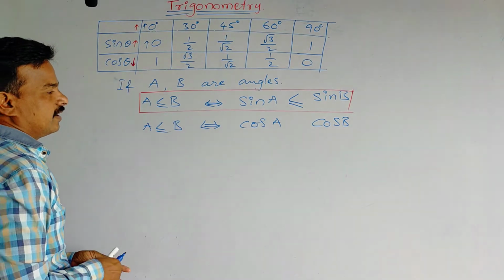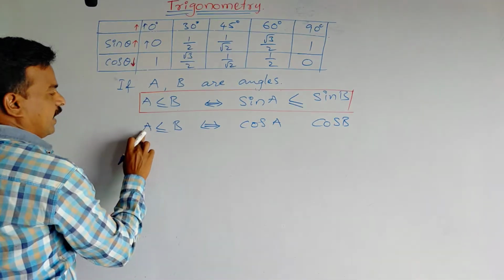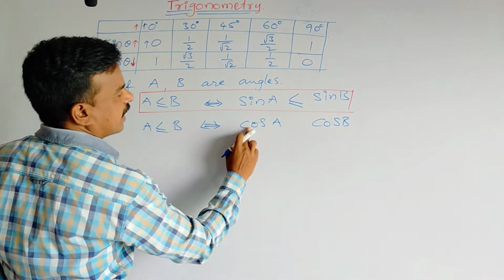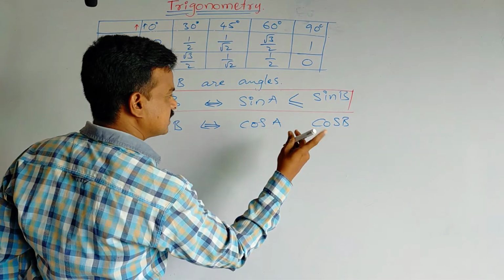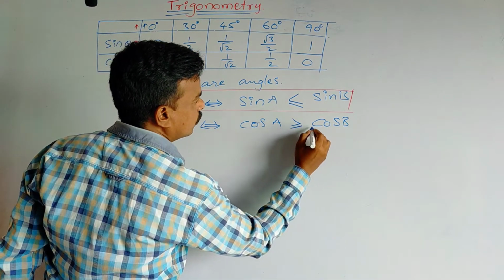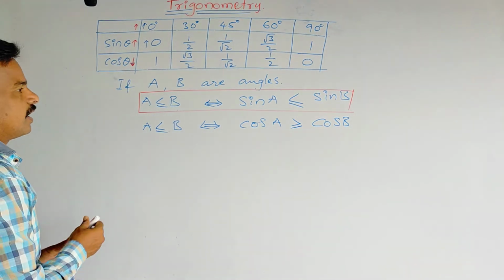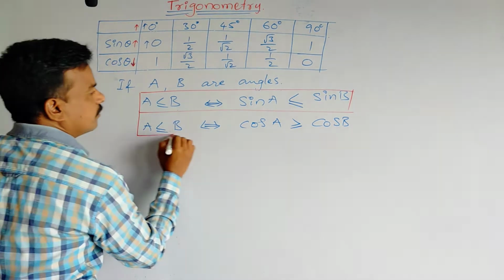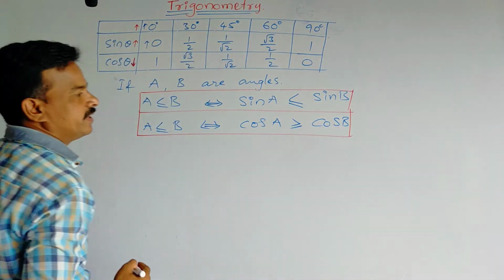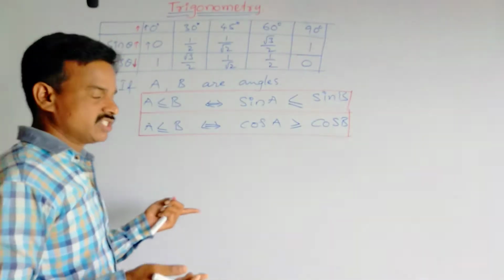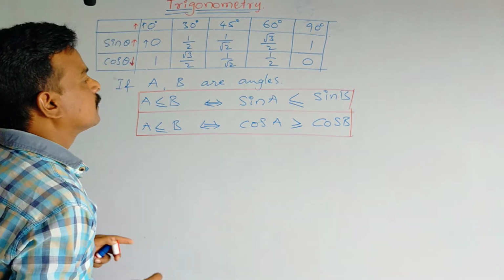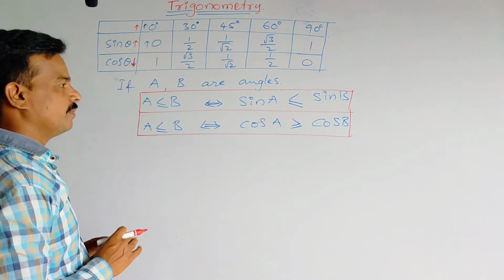So we can write here, if A is less than or equal to B, then cos A is greater than or equal to cos B. This is very important in 10th class or intermediate, class 10 or class 11, and also in every competitive examination.